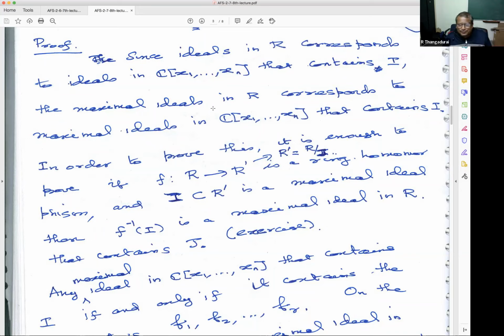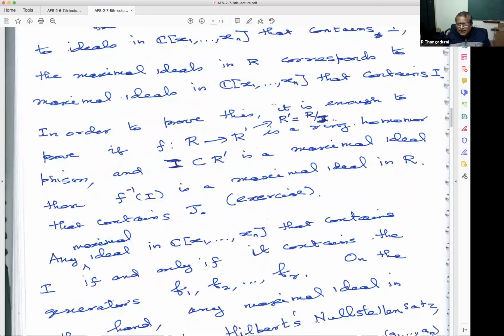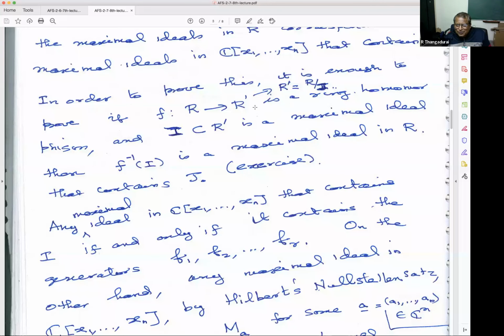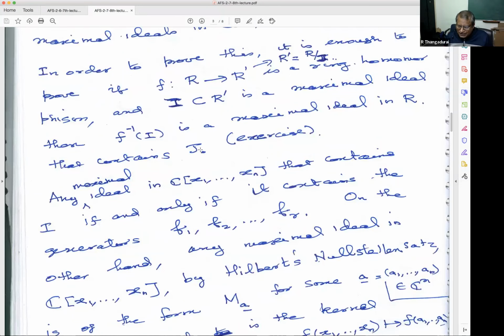That is also true. In fact, in order to prove it, it is enough to prove the following. If f is a ring homomorphism from R to R prime, the quotient ring R modulo J, and I is a maximal ideal in R prime, then f inverse of I is a maximal ideal in R. It must contain J; only then, otherwise no. So you have to check the maximal property.